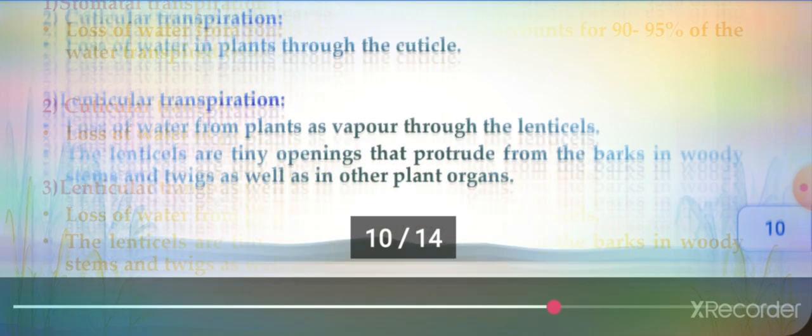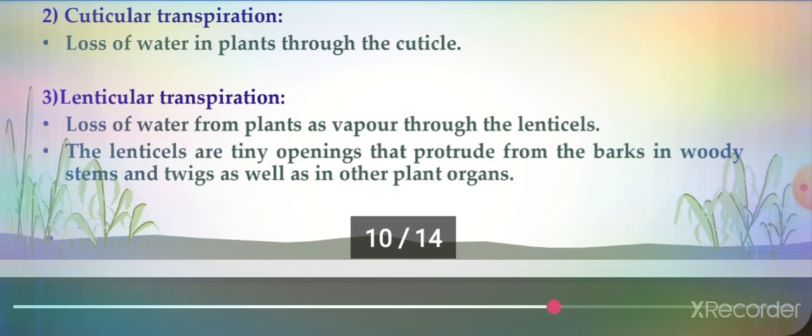Then the third type is called lenticular transpiration. What is lenticular transpiration? Loss of water from plants as vapor. You know that. Water moves out of the plant in the form of water vapor through lenticels. What are lenticels? They are again tiny openings that protrude from the barks, corky barks.